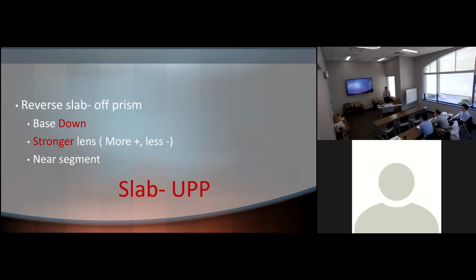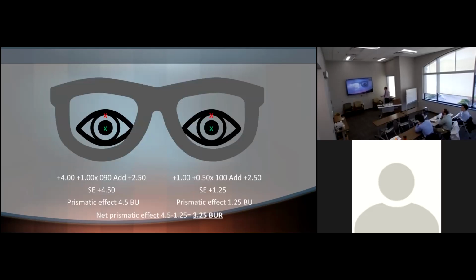I always get confused, so I try to create fancy mnemonics. Slab off, slab up, so it's base up prism. So in this patient, the prismatic effect is the 3.25 base up over the right eye. So this one has the more plus and has the base up prism.